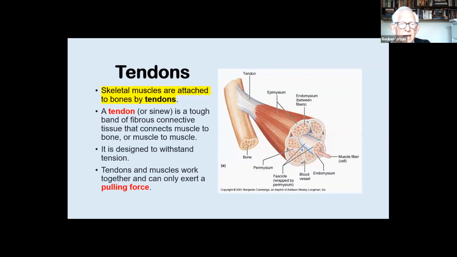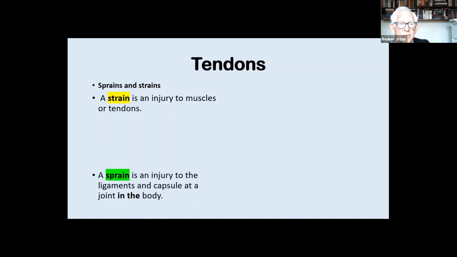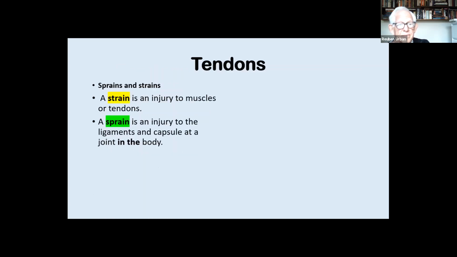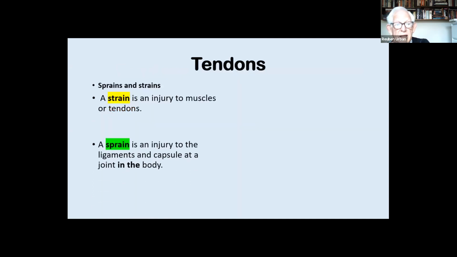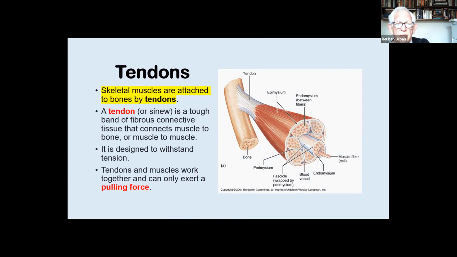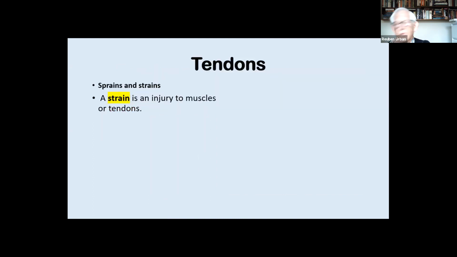So if we go back, this is the capsule, because all this is within a capsule, it doesn't just sit there, it's covered. Now that would be the sprain. The strain is when you get an injury in this area here, or the muscle itself.